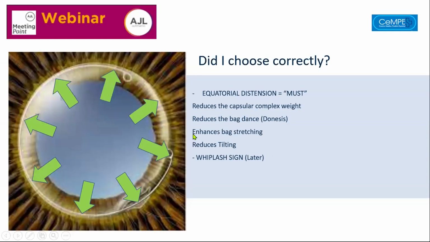It also enhances the bag by stretching it, like in the case of large myopias and large capsular bags where the posterior capsule is floating, and reduces tilting. Of course, if you have an anatomic anomaly, the tilting could exist the same, but by placing the CTR, you reduce it.